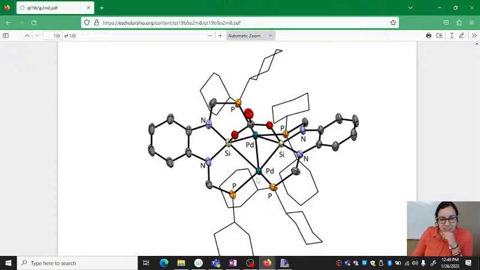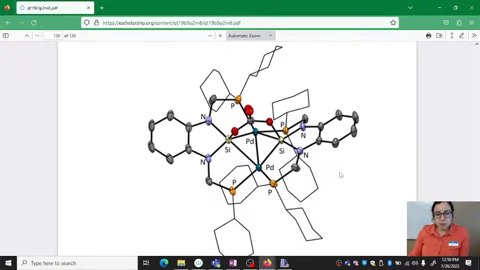So here I have two palladium-looking things, and I have silicon bound here. And so basically, it took two equivalents of CO2 and made formate, but then just kind of attached there. So you have carbon with 3 oxygens. And ideally, in a catalytic cycle, you'd be able to add some sort of proton source to it, and then it would make methanol or something cool, but I just kind of looked at it.